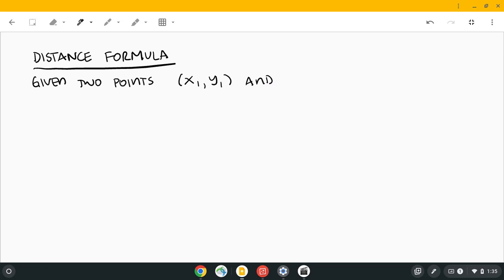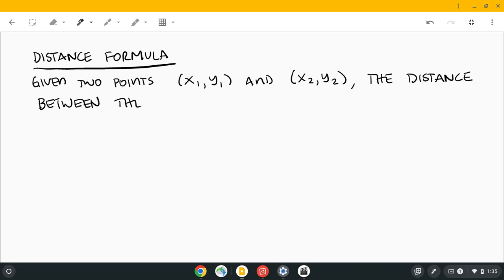And we'll call our second point x2 and y2. The distance between them is given by this formula.